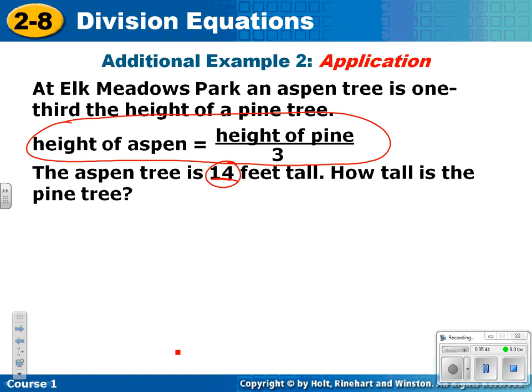Height of the pine tree? No, what is it? It says right there. The aspen tree is. So it's the height of the aspen tree. This plugs in right here. So we're left with 14 equals, I'm just going to put P for pine, over 3.